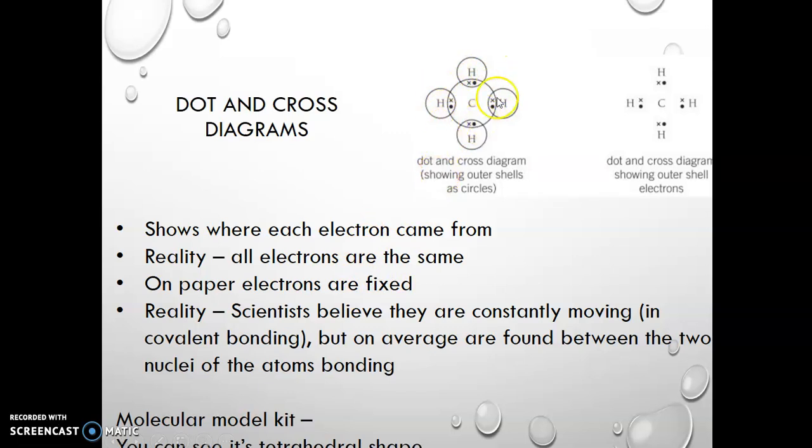On paper, obviously, the electrons don't move, but in reality, scientists currently believe they are constantly moving in covalent bonding. So constantly changing position, but at any one point, they are between the 2 atoms, between the nuclei of the 2 atoms bonding. Okay, so dot and cross diagrams are useful. They do show us where each electron has come from. They do represent the fact that the electrons are being shared between the atoms, but they have those limitations as well.